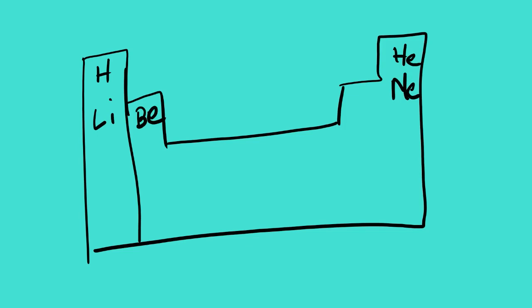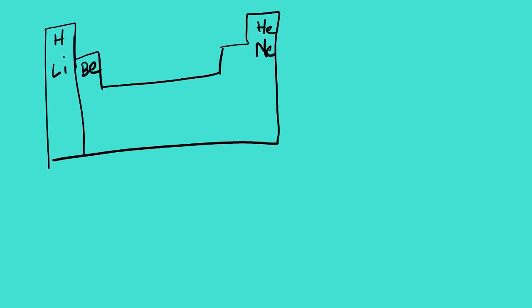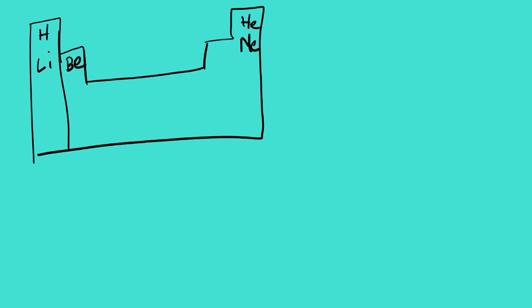Now the Lewis dot diagram represents a lot of things. It represents the group number to which an element belongs, and it also represents the valence electrons.